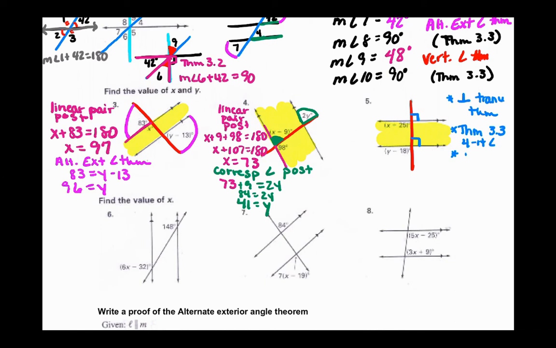And we use our definition of right angle to get that they're 90 degrees. So every angle in this picture is 90 degrees. So our x plus 25 is 90 degrees, and our y minus 18 is 90 degrees. So our x is equal to 65, and our y is equal to 108.